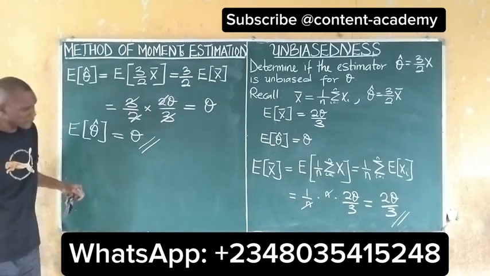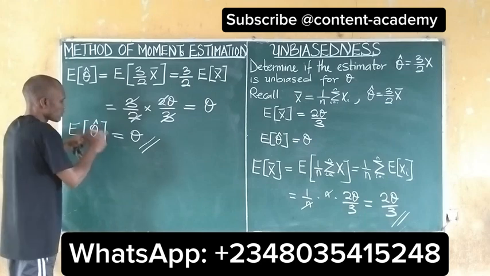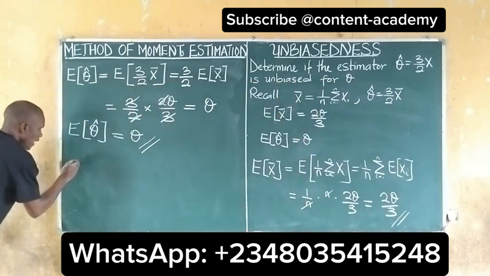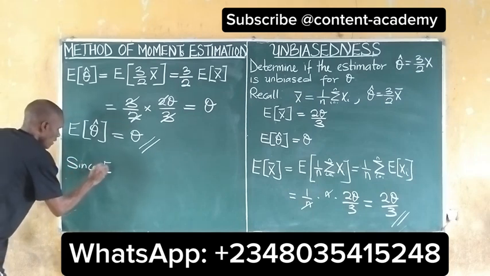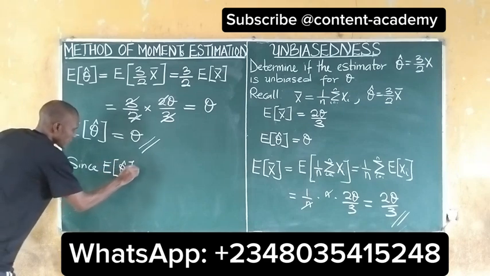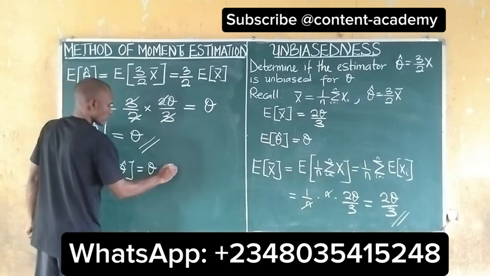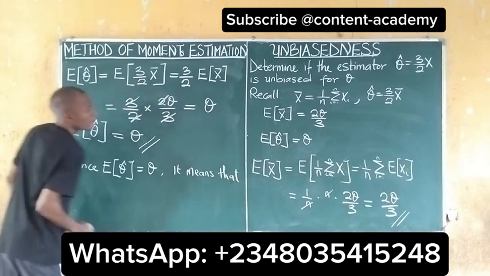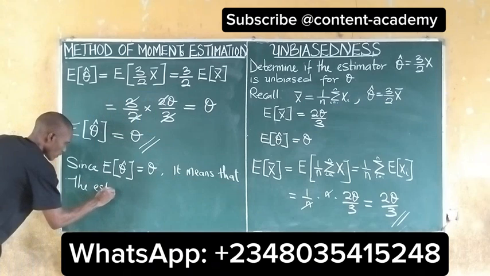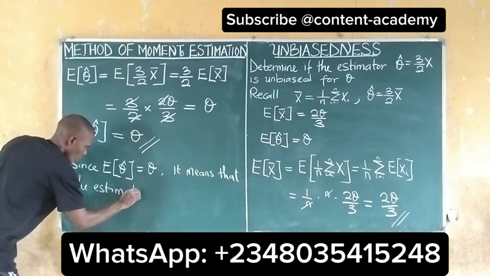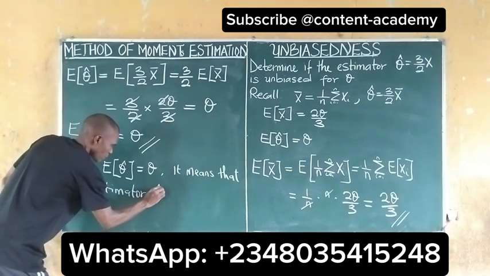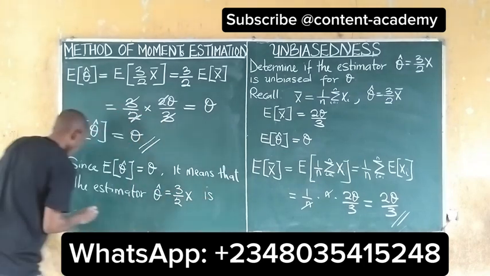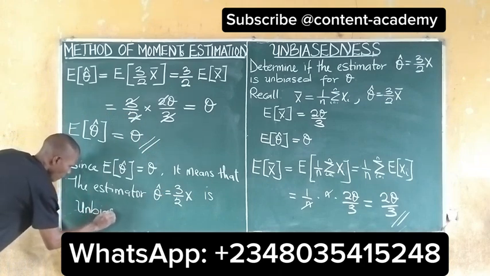Since our expected value of theta estimate is equal to theta, it means that the estimator of theta equal to 3 all over 2 x bar is unbiased.